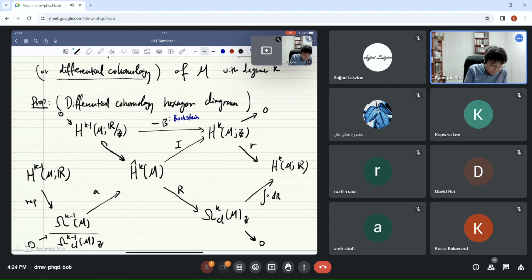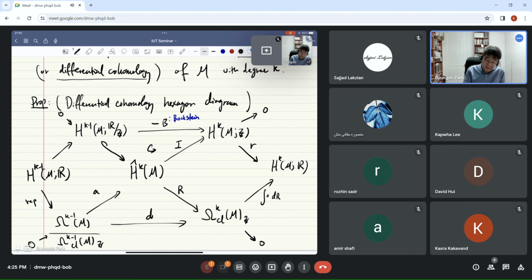And this map is sort of easy. It's also coming from the sequence, or you can think of it like the image of this sitting inside here. So there's this edge. This is simply taking the differential of your differential form. So this is the hexagon diagram of differential cohomology.